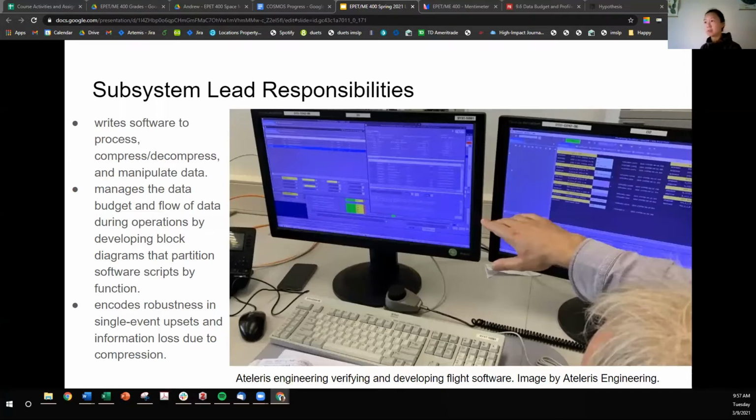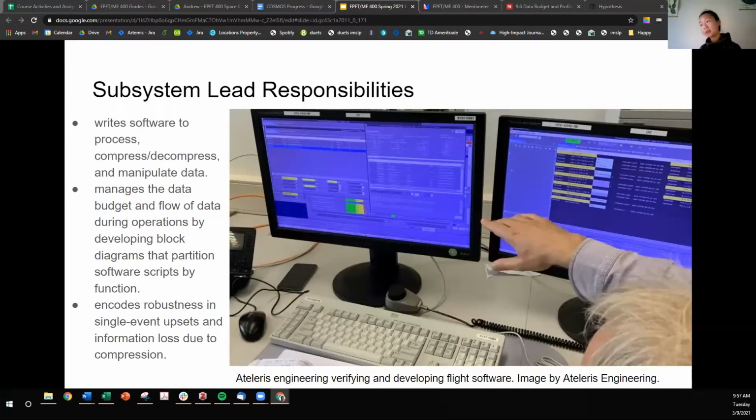Another subsystem lead responsibility is to manage the data budget and flow of data during operations. So you can do that by writing software scripts. We were just talking about throttling the amount of data that your payload passes through to send to the ground station. So that's one of the jobs.